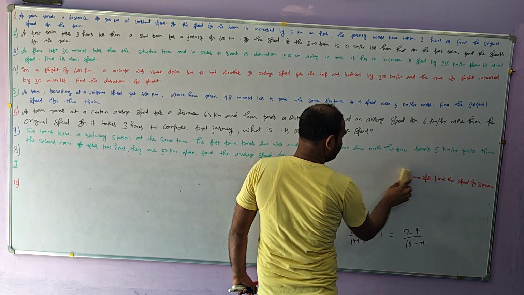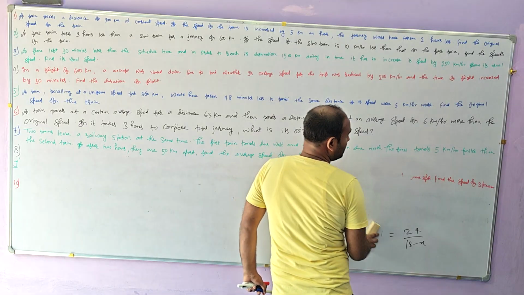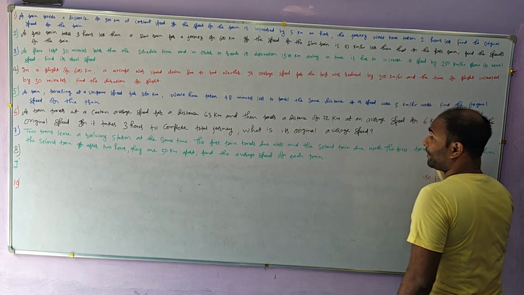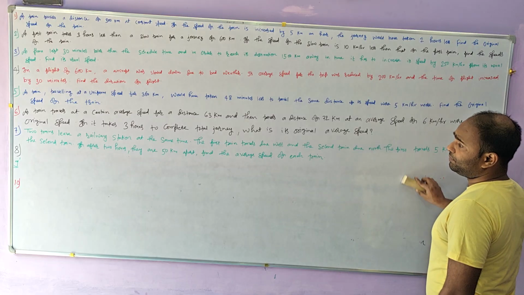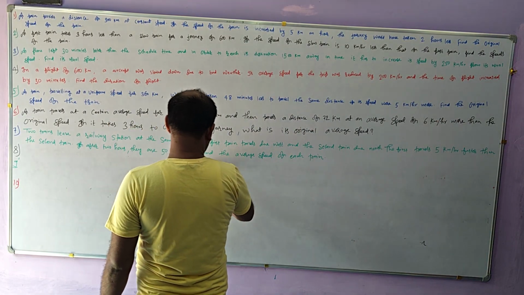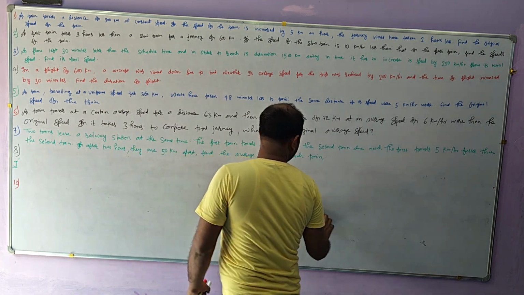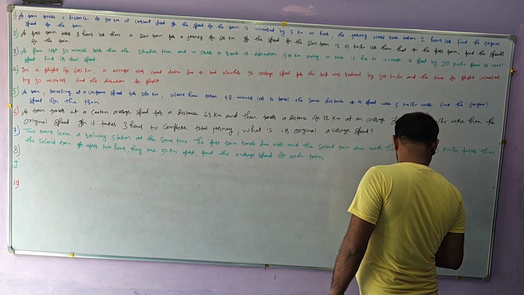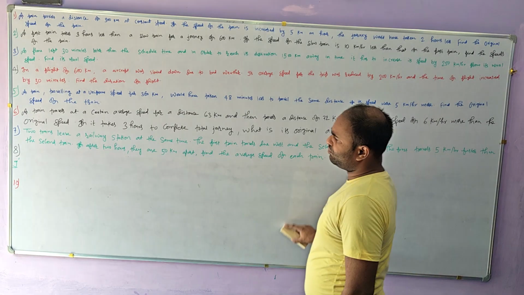The first train travels 5 kilometers per hour faster than the second train. If after 2 hours they are 50 kilometers apart, find the average speed of each train.